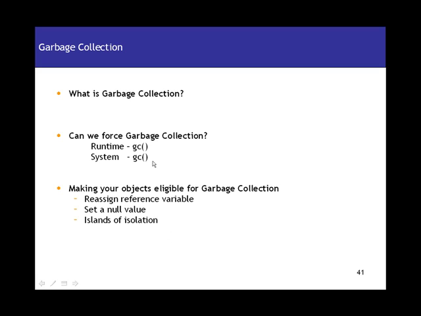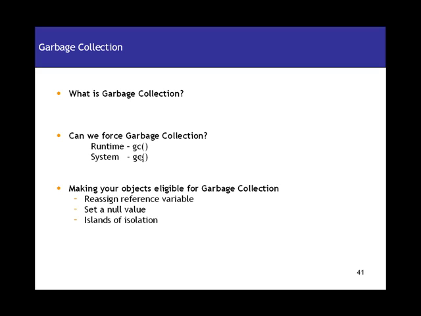Can we force the garbage collector? No. But we can always make a request to the garbage collector. When we call the gc method on Runtime or System, these are static methods. So when we say Runtime.gc or System.gc, we are actually making a request to the garbage collector, asking it to run.